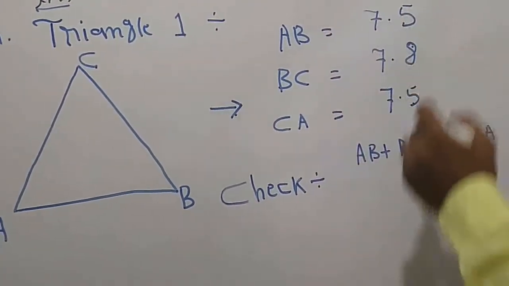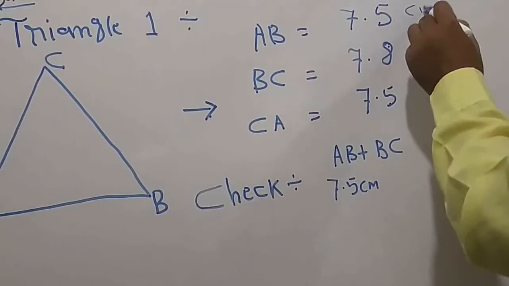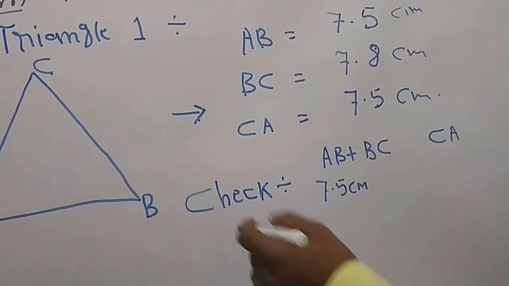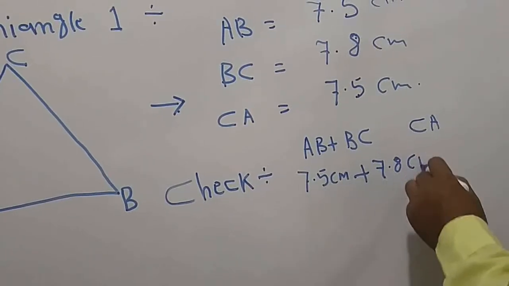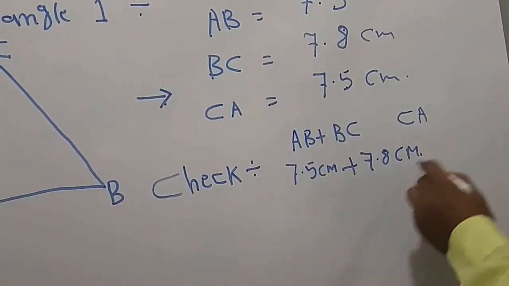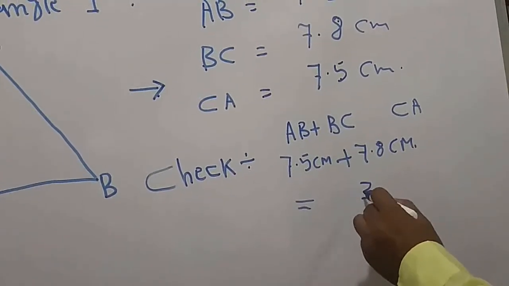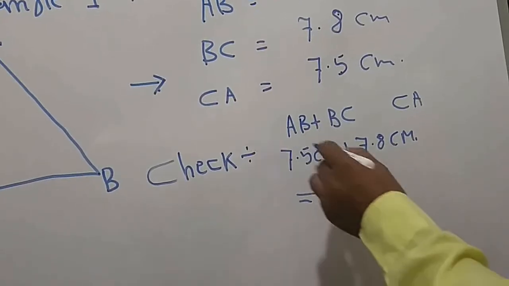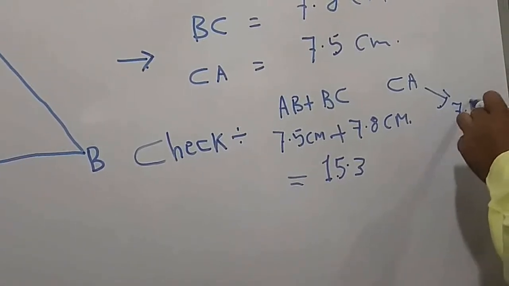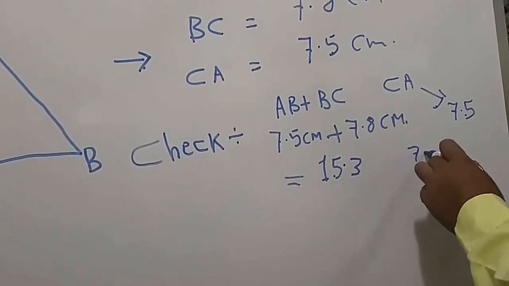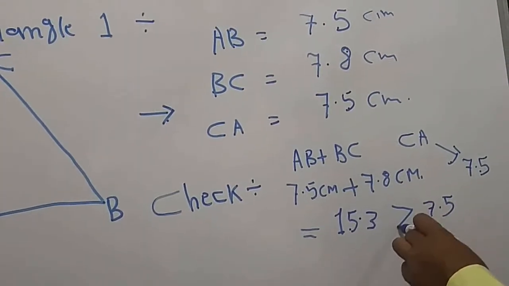The measurement of AB is 7.5 centimeter, plus BC is 7.8 centimeter. On adding we get 8 plus 5 is 13, 3 here, 1 carry, 0.7 plus 0.7 is 14, plus 1 is 15, so 15.3. When we compare 15.3 and 7.5, 15.3 is greater than 7.5.